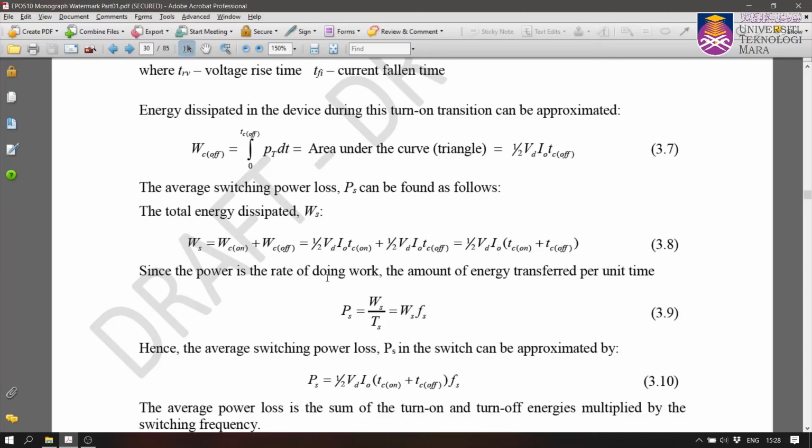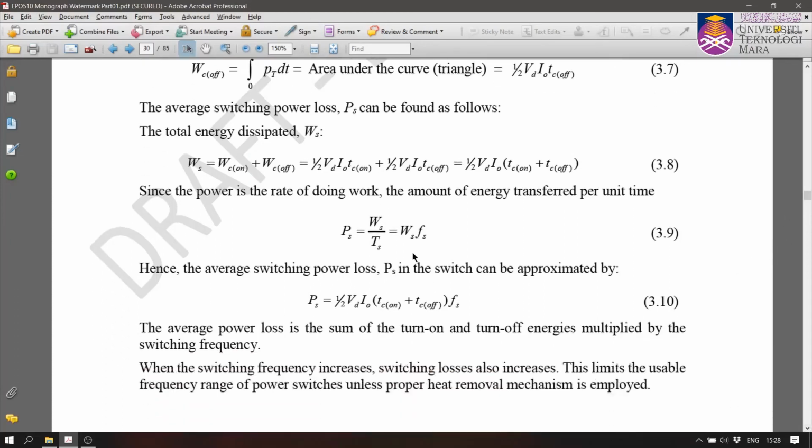Since power is the rate of doing work, the amount of energy transfer per unit time will be W over Ts. Power equals work divided by time, isn't it? Energy divided by time. So Ts is the period, and therefore you have Ws multiplied by Fs, the frequency of the device. Hence, the average switching power loss Ps in the switch can be approximated.